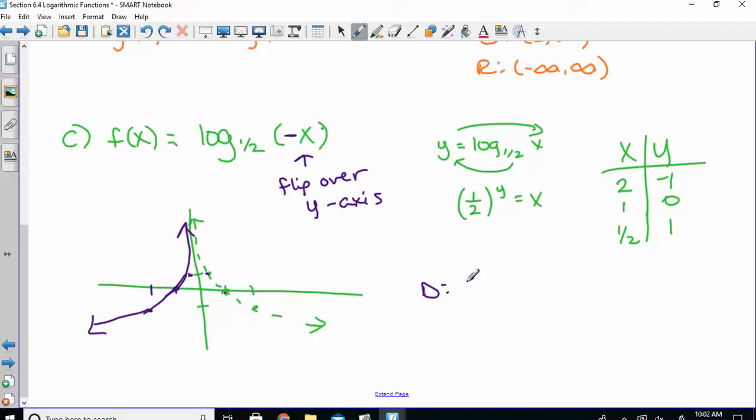What is the domain of that one? Range. And the range will always be negative infinity to positive infinity. Any issues there?